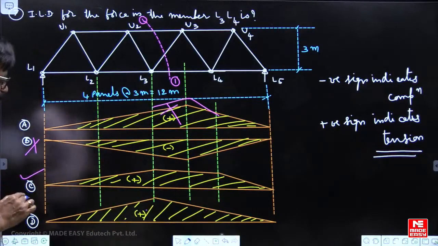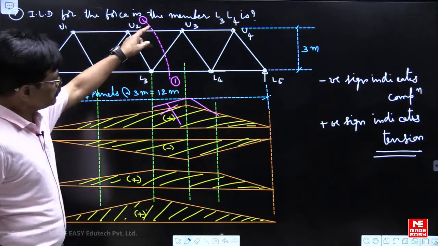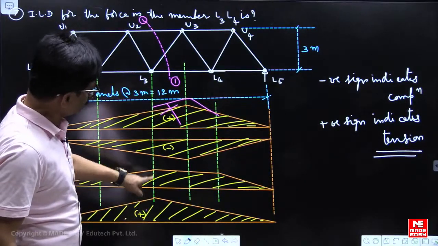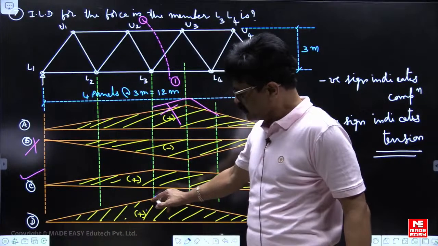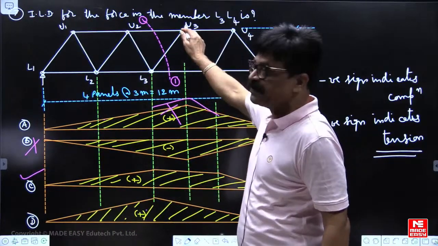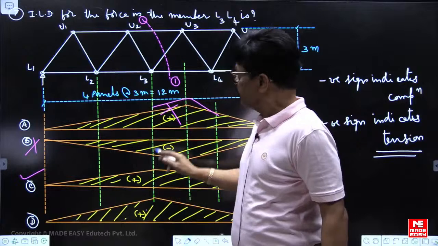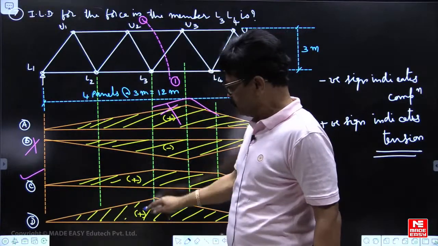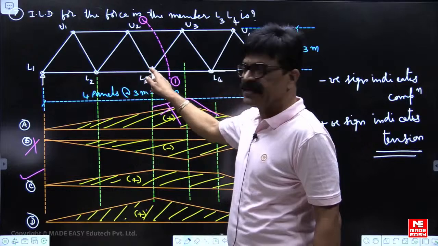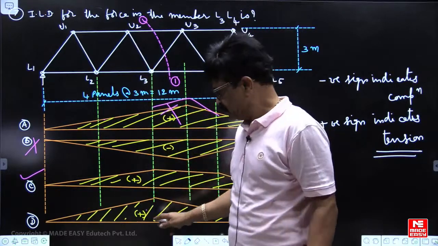We will take this one. Now, if I cut here L3, L4, the apex cannot be at L3. This apex we have written, unwanted members are meeting at U3. Means when I cut here, these are meeting at U3. But apex was at L3. That means this is also wrong.